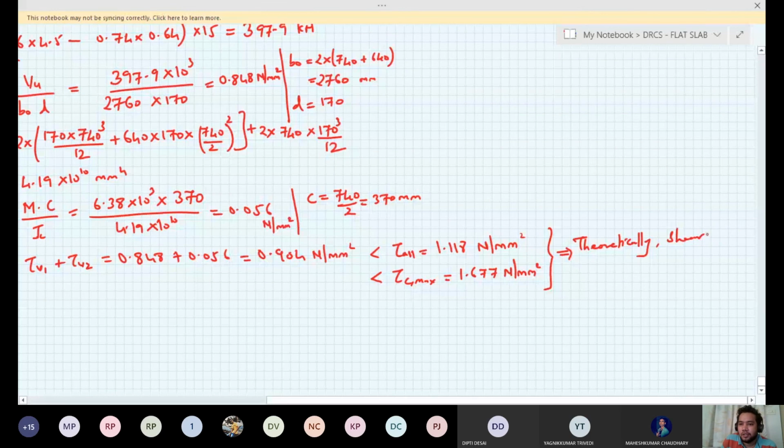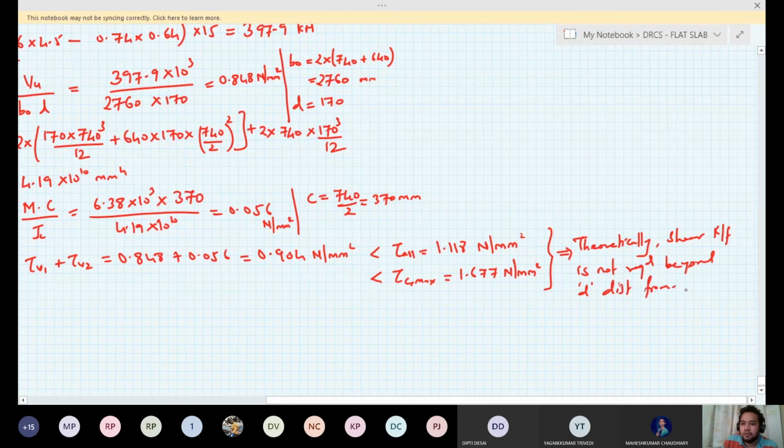Theoretically both the conditions are satisfied, so this implies theoretically shear reinforcement is not required beyond d distance from the face of the column. But as per the code you have to extend the reinforcement up to the distance where the shear stress is less than 0.5 times tau allowable, means half of this.